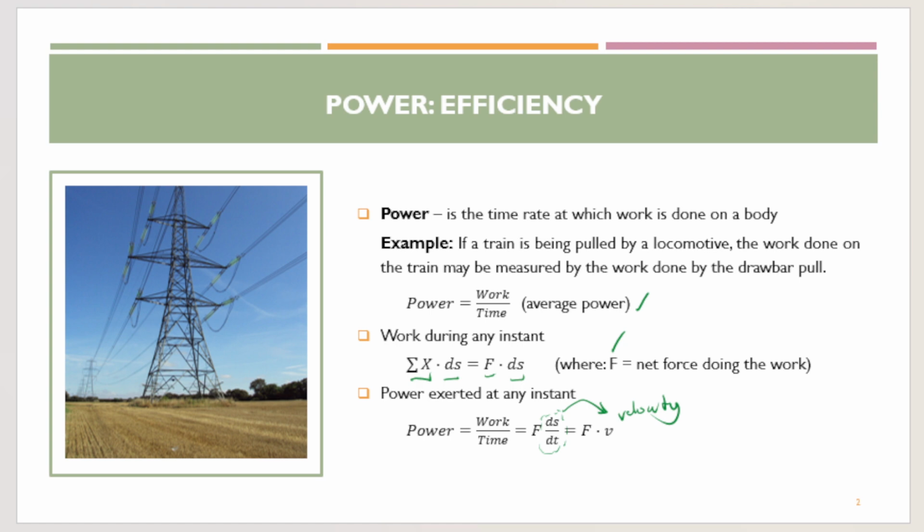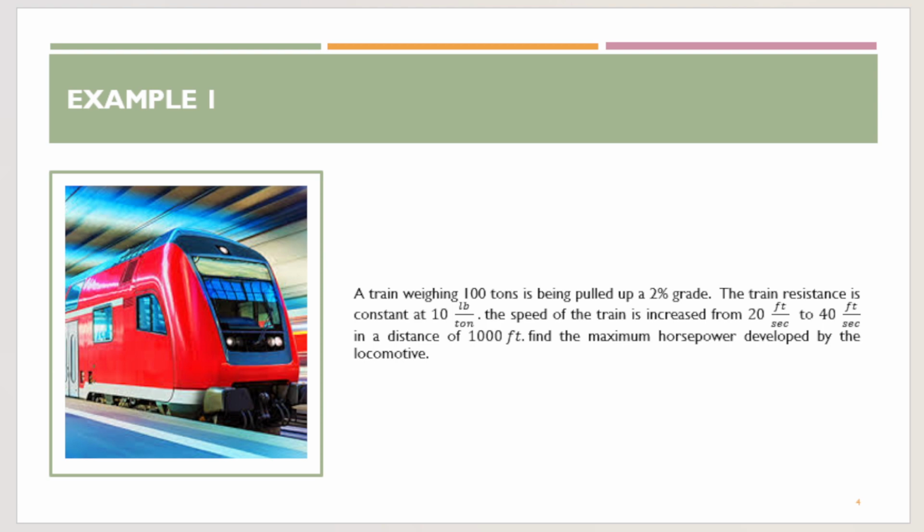In this case, the equation we will use is the summation of X times s equal to W over 2g times v final squared minus v initial squared. Remember, we are still using the work-energy equation. So if that's the case, let's solve this problem.